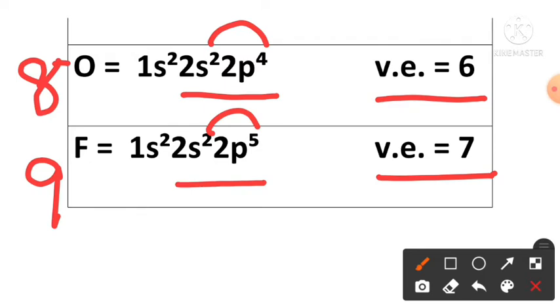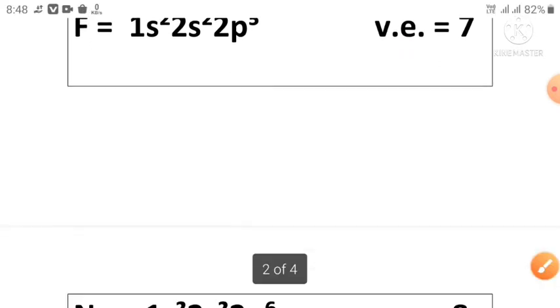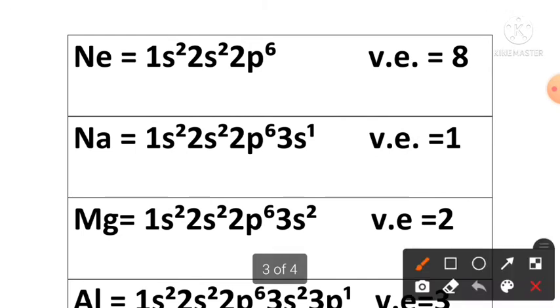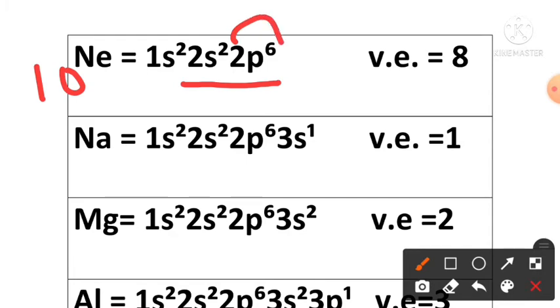Now the next element is neon. Here we know that Z of neon is 10. So we write its electronic configuration 1s2, 2s2, 2p6. Now its outermost shell is 2s2 and 2p6. So here electrons are 2 and 6. That means 8. Its valence electron is 8.